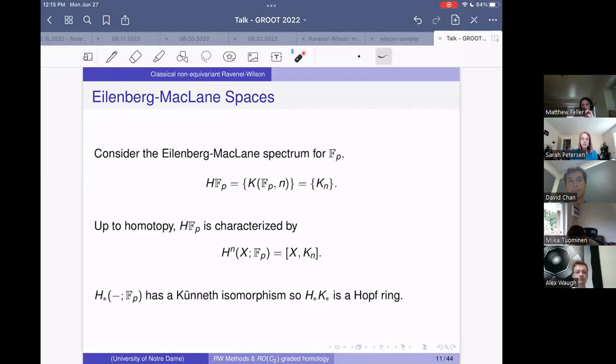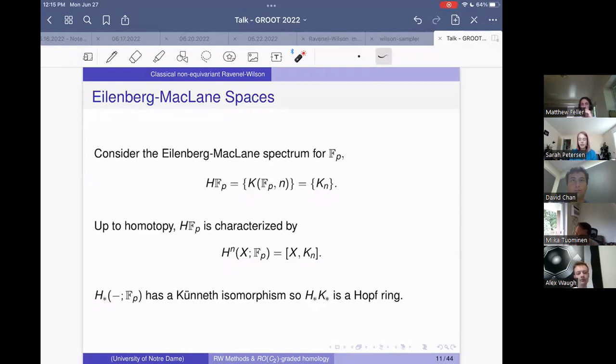And up to homotopy, HF_p is characterized by the cohomology of a space X being equivalent to the homotopy classes of maps from X into K_n, and this gives rise to a star product. Also, HF_p is a ring spectrum, so we also have a circle product. And mod p homology has a Künneth isomorphism.